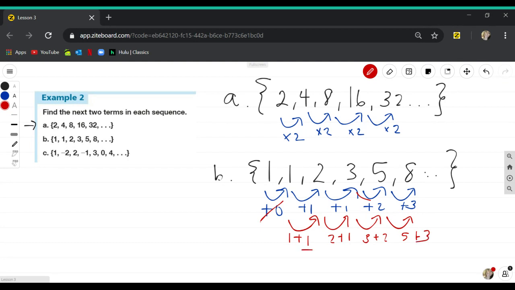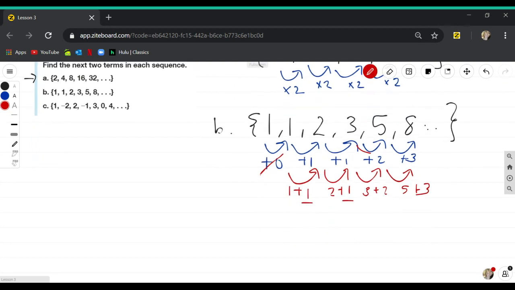So each time, I'm adding one more than the previous one, right? If we keep it going, then the next one would be 8 plus 4, which is 13. And then 13 plus 5, which is 21, and so on.